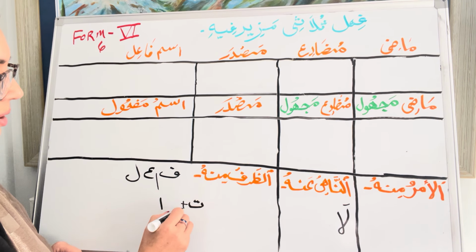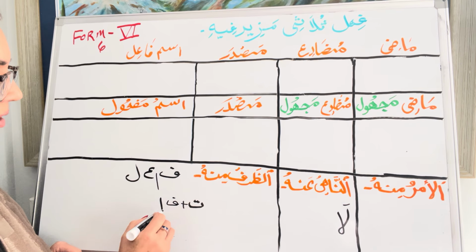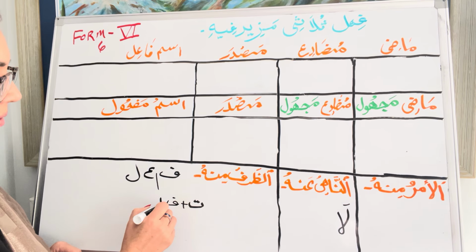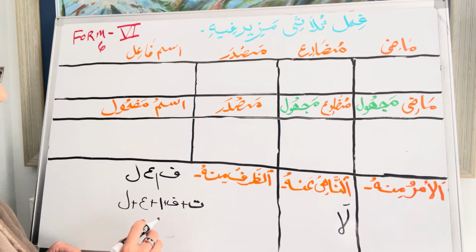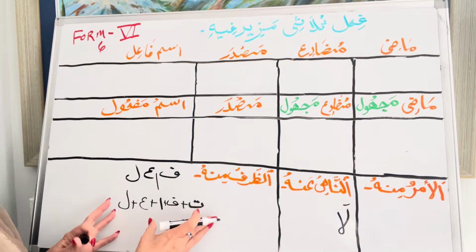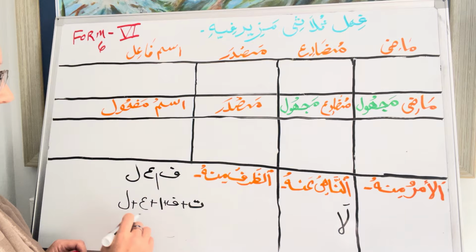So we have ta plus fa plus alif plus ayn plus lam. So now when we make a word out of this, we write it together. Now it becomes tafa'ala.